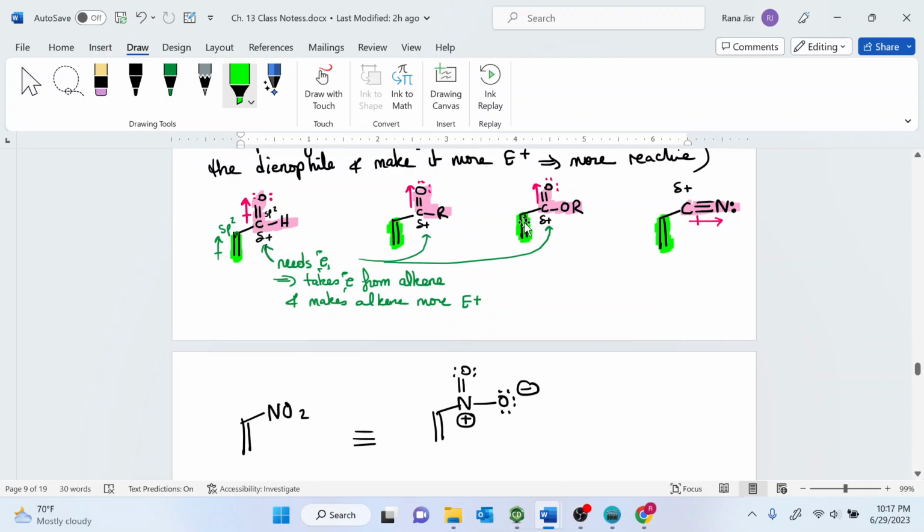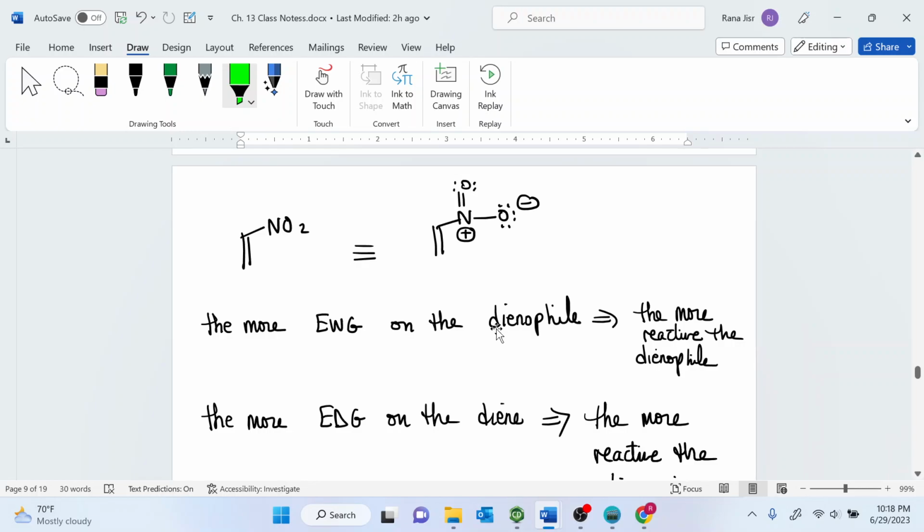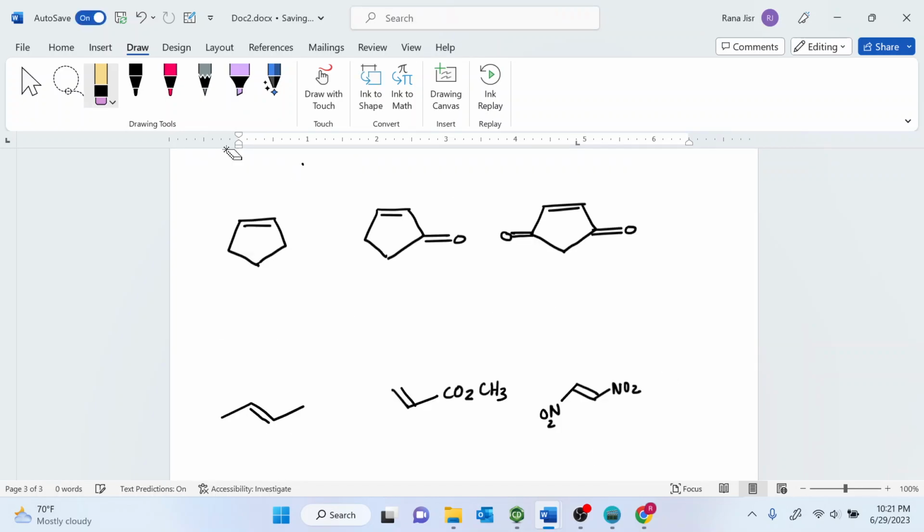Any carbonyl, or in general, any carbon with a partial positive or a positive charge atom that is placed directly on the dienophile is going to withdraw electrons from the double bond and make the dienophile more electrophilic. So the more electron withdrawing groups on the dienophile, the more reactive the dienophile is.